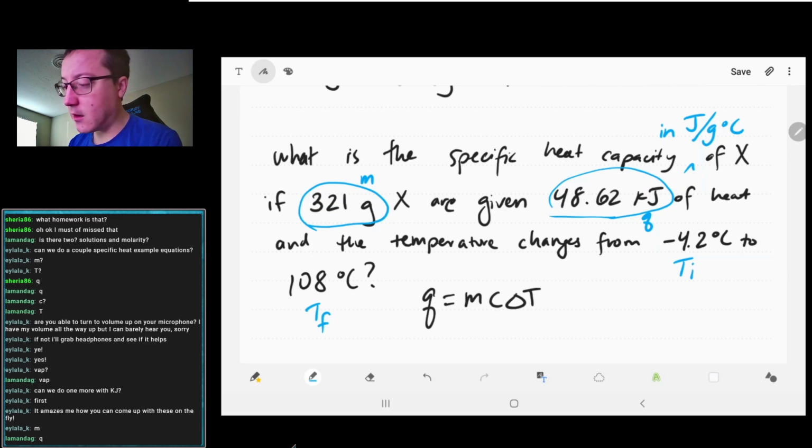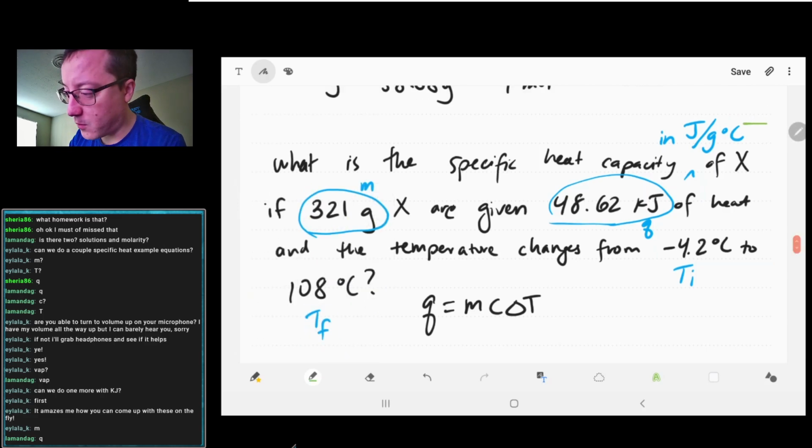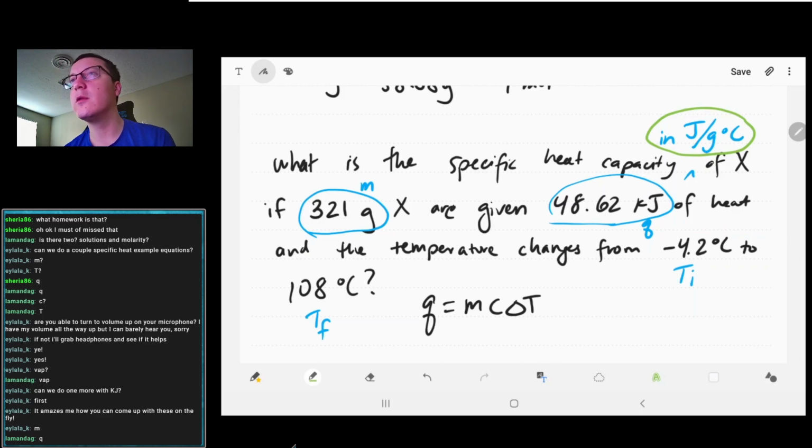One thing to note that I've given you: I want our units in joules per gram degrees Celsius. So on all of these numbers, we have grams and degrees Celsius. However, we have kilojoules that are given. So just to make things easy on ourselves, we should probably make that kilojoules into regular joules so that we'll get the units that we want at the end.